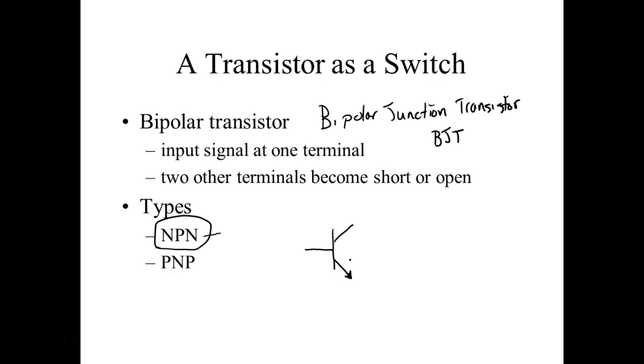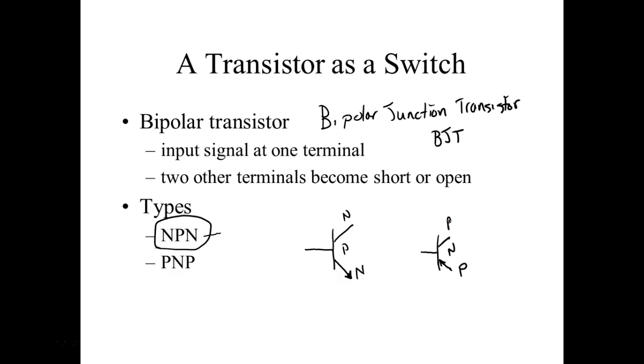Everybody okay? Now then we got another symbol that we just look at. Notice on this one, the arrow's pointing out. On this one, the arrow's pointing in. That's an NPN. This one's pointing in. So this is a PNP.